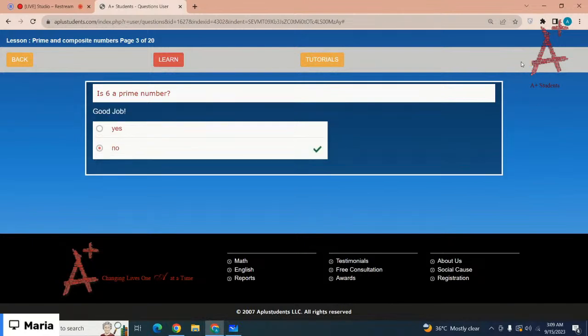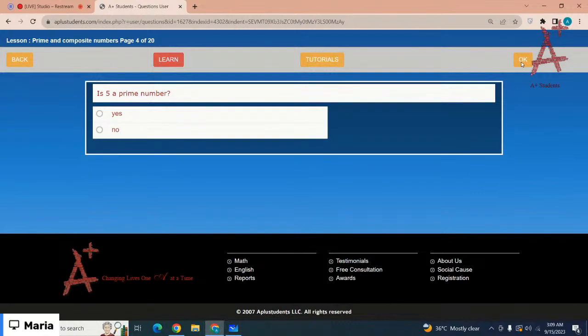The correct option is no. Is 5 a prime number? Yes, 5 is a prime number, because 5 has only two factors.